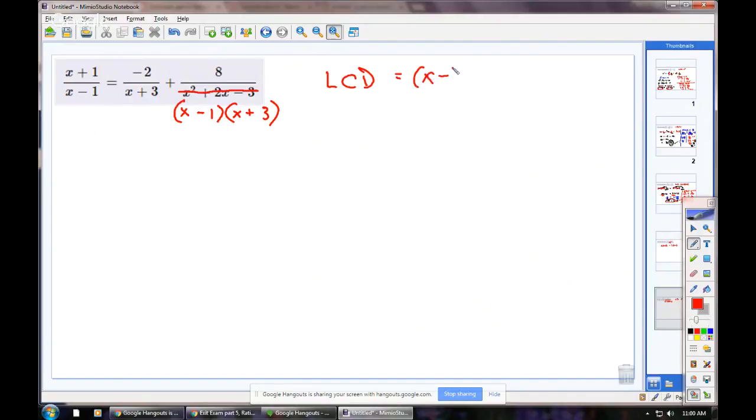x minus 1 times x plus 3. So now we have to multiply each piece by that denominator, that LCD, and see what cancels.